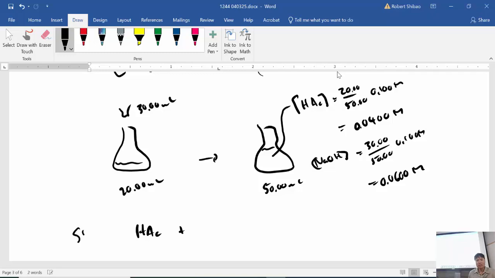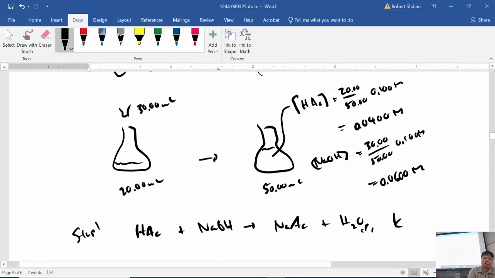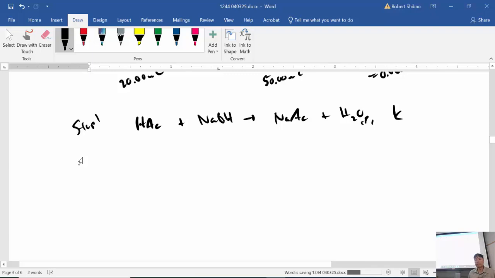And so we'll go on to step 1. K for this, as we said, is very, very large. So we'll have our initial, change, equilibrium.